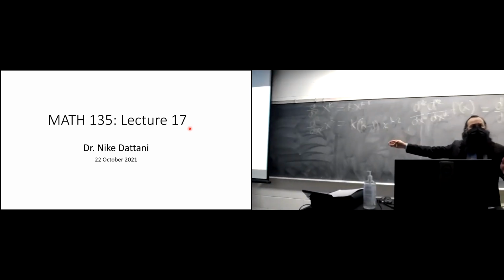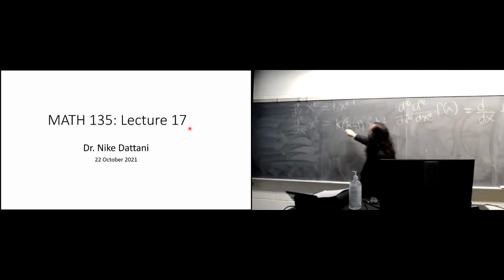Henry. Okay, so k factorial divided by (k minus a) factorial, right? Because I have k times k minus 1 times k minus 2 times k minus 3, but I'm not going all the way down to 1. I'm only stopping here.